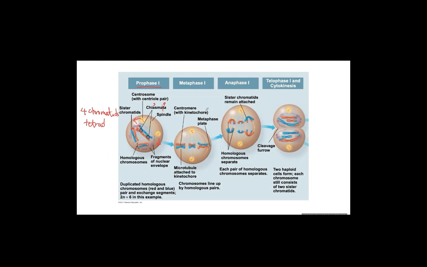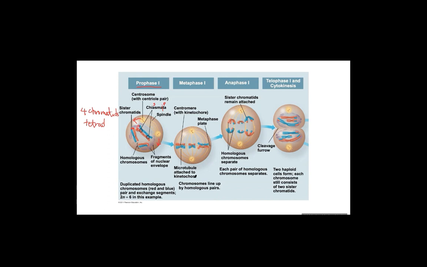When you move to metaphase 1, pairs of homologous chromosomes line up on the equatorial plane at the center. At that time, the spindle microtubule produced from the centrosome is already attached to the centromere by way of the kinetochore.